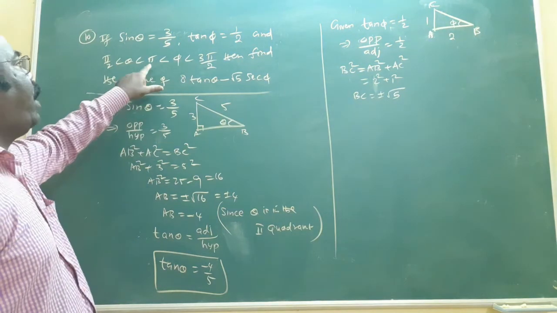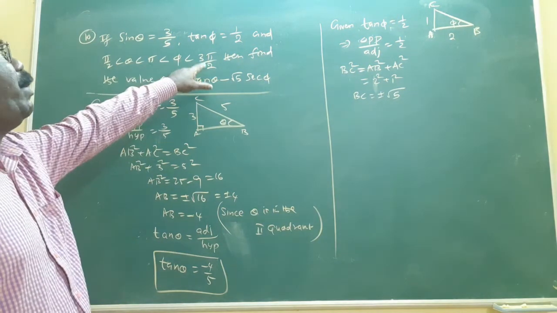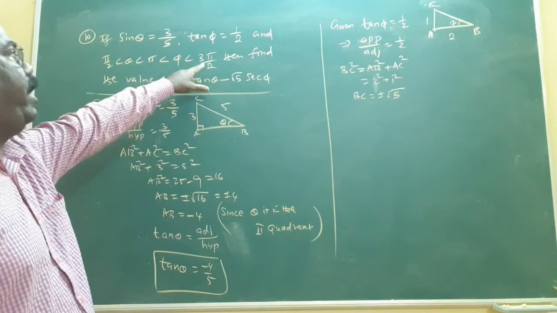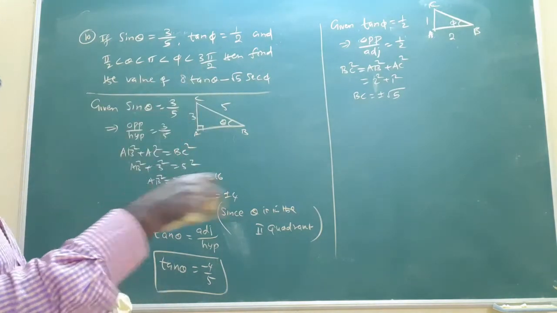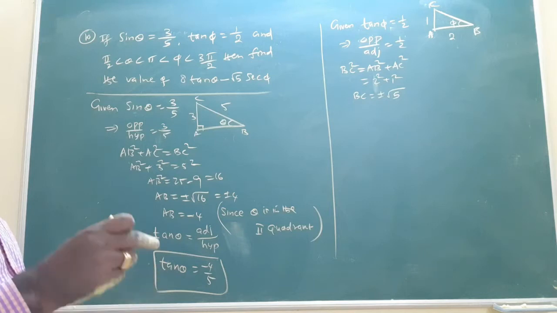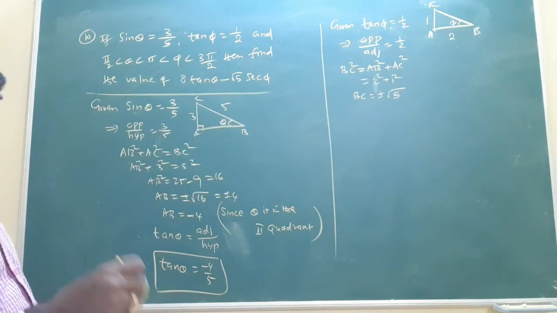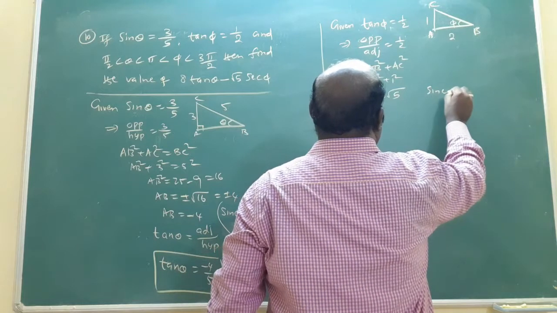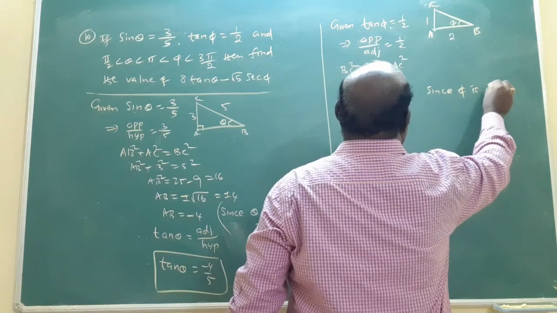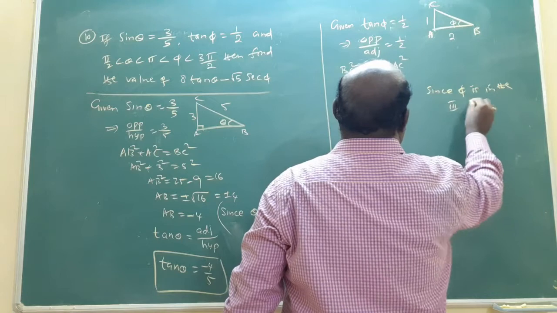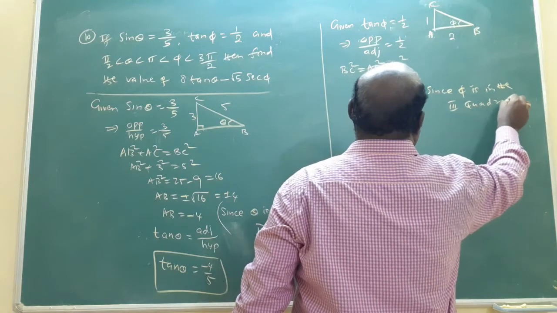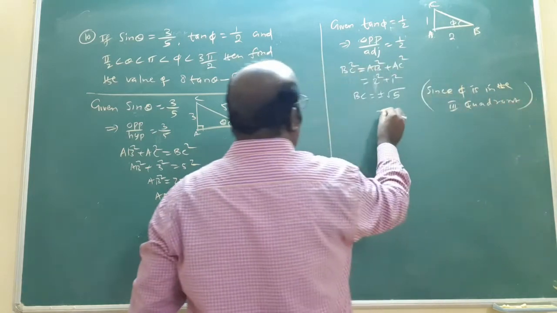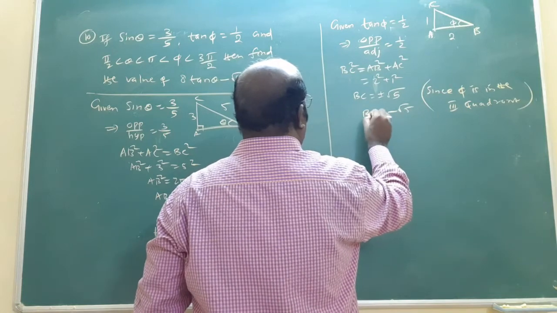Here the theta value is pi to 3 pi by 2, pi is 180, this is 270. So A, S, T, C. Am I right? Tan only positive. That's the third quadrant. Since theta is in the third quadrant, that's why we will get only minus root 5.